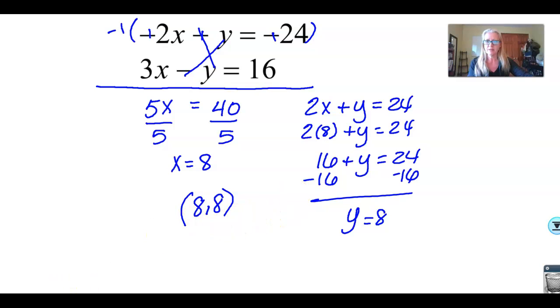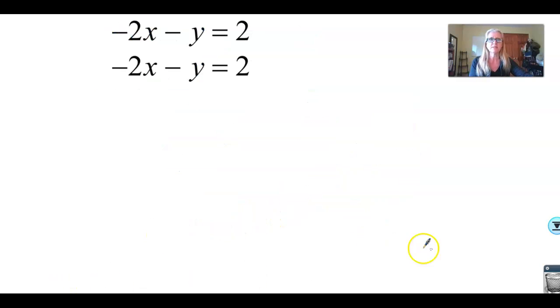Now let's look at what happens when we have a need to subtract, but spoiler alert, things are going to go south. We need to have opposite terms. These are the same. These are the same. In order to fix this, we would multiply one of the equations by -1. It will give us positive 2x, positive y, and -2.